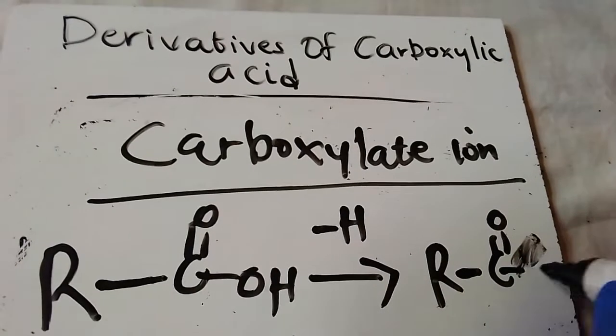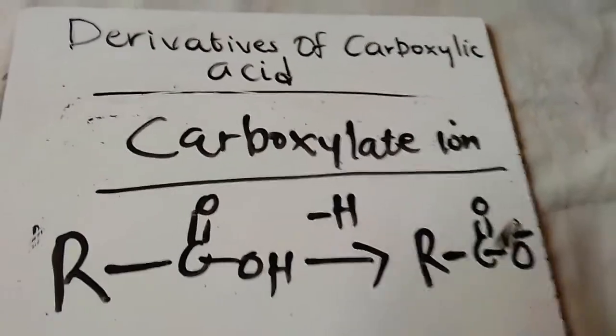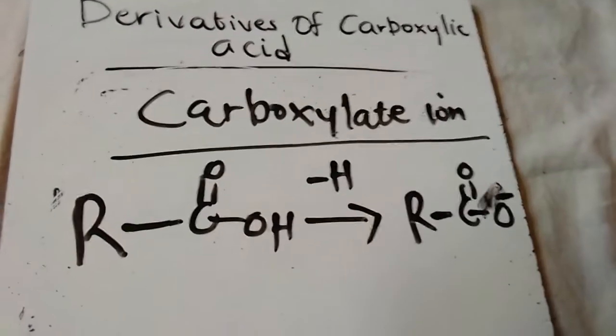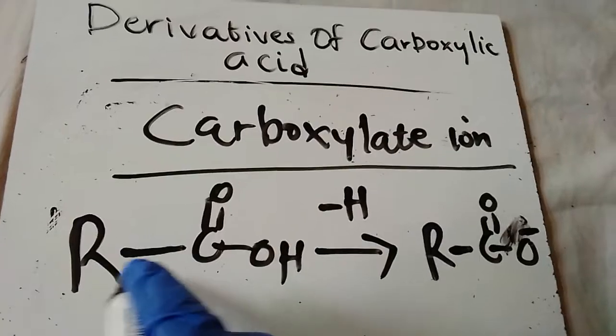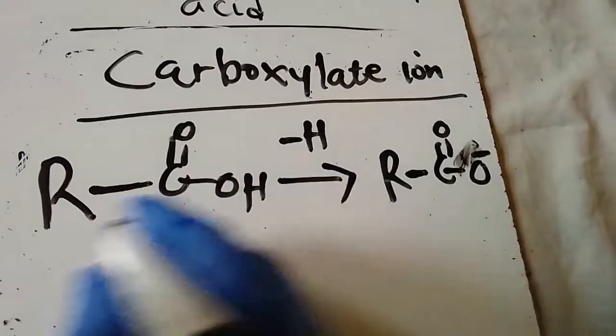The oxygen here will assume a negative charge because of the loss of the proton. And it is formed by reacting a carboxylic acid with a base.